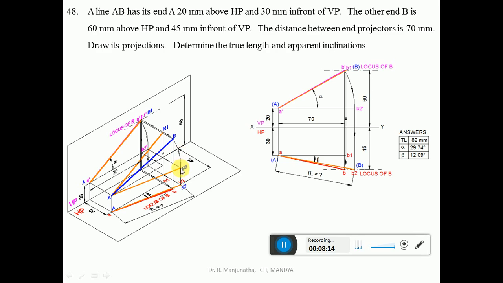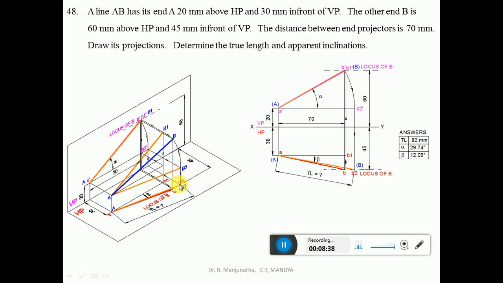When it is projected, this will fall on the locus of B in the top view. Then that point will become small b2. Since it is parallel to HP, we have capital A and capital B2 on the locus of B. Then join small a to b2 with a little bit thicker line than the projector.